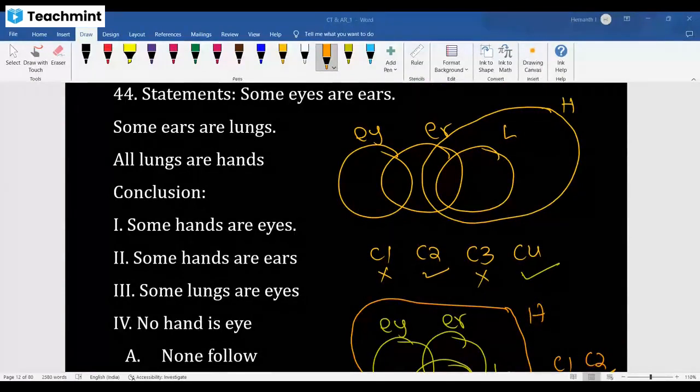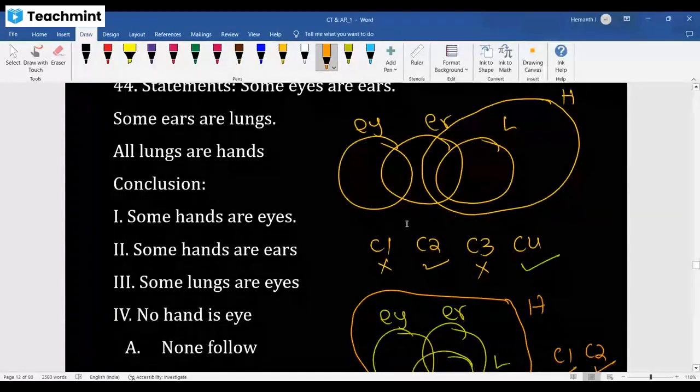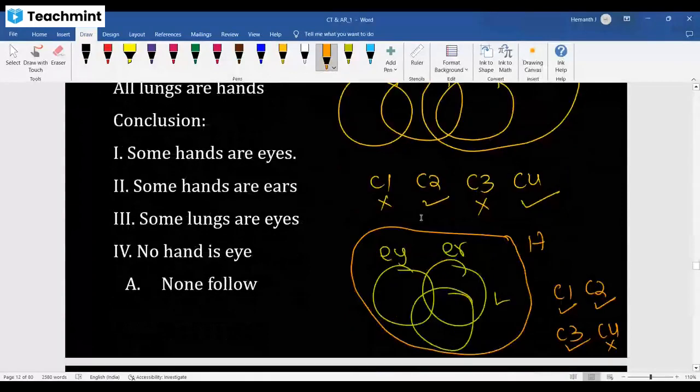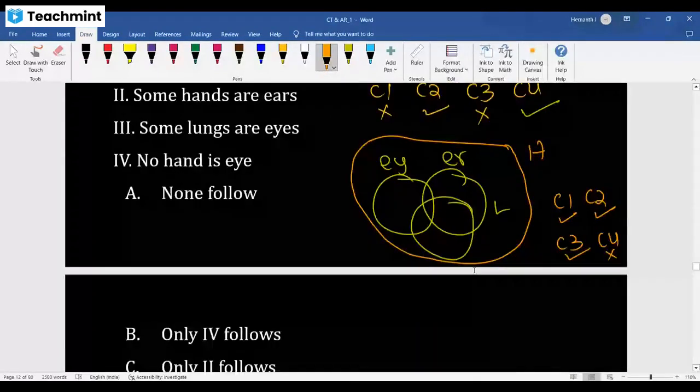You don't have the option 'only 2 and 4 follow'. What is true in both diagrams is the second one. The first is true here, failed here, so remove it. The third failed here, remove it. The fourth failed here, remove it. So the answer is only 2 follows.